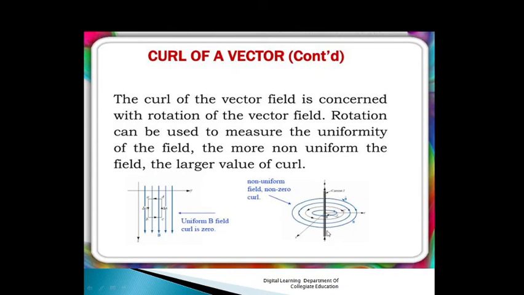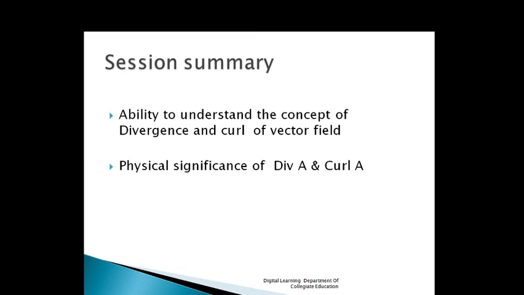Whereas a current carrying conductor experiences a non-uniform magnetic field around the conductor. In this case, the vector field is rotating, which means curl is non-zero. If a field is uniform, then curl of vector A is 0. If a field is non-uniform, then curl is non-zero.